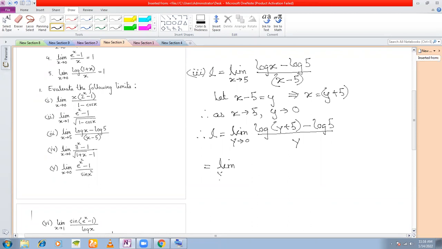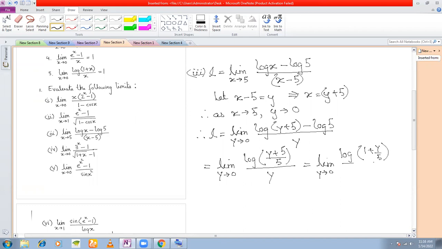Now, from log m minus log n, this will become log of y plus 5 by 5 divided by y, right? Now you can write the numerator of this limit as log. If inside the log you separate now, you're going to get 1 plus y by 5.